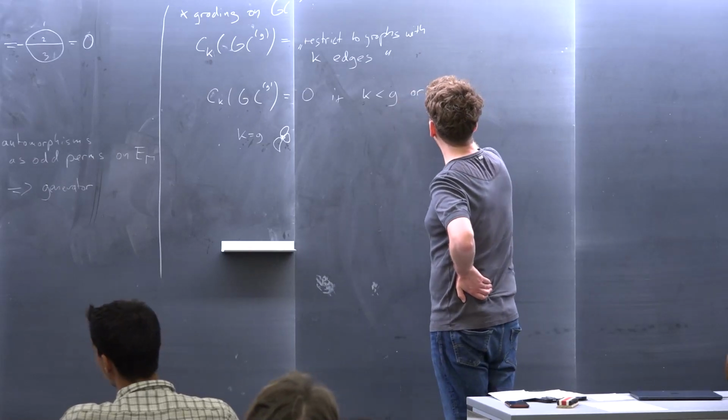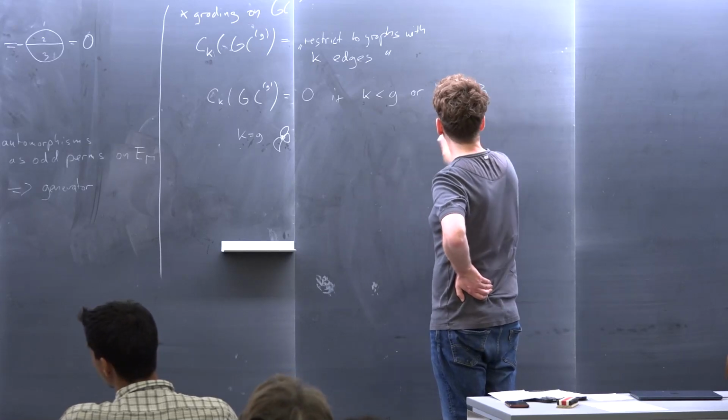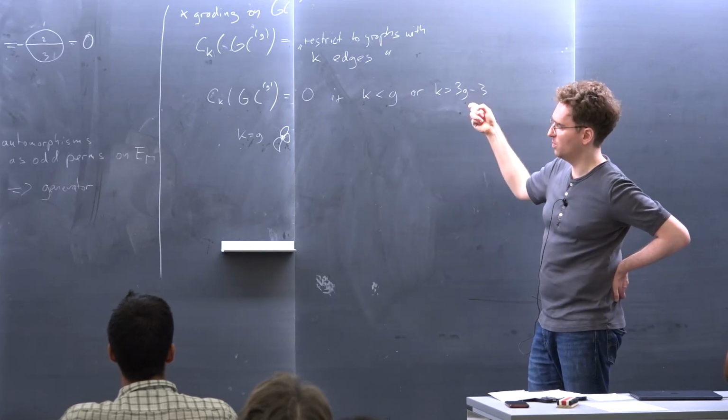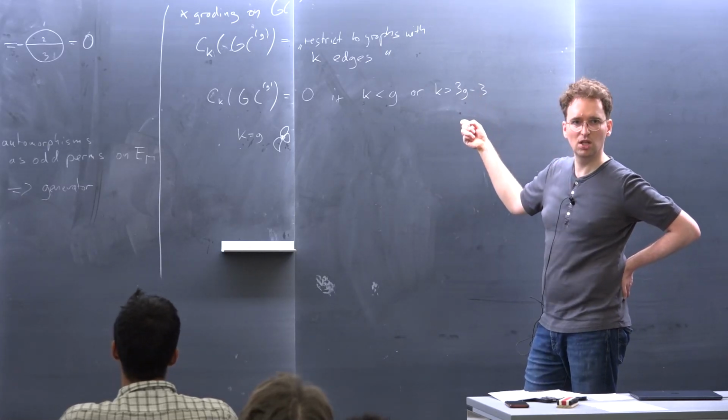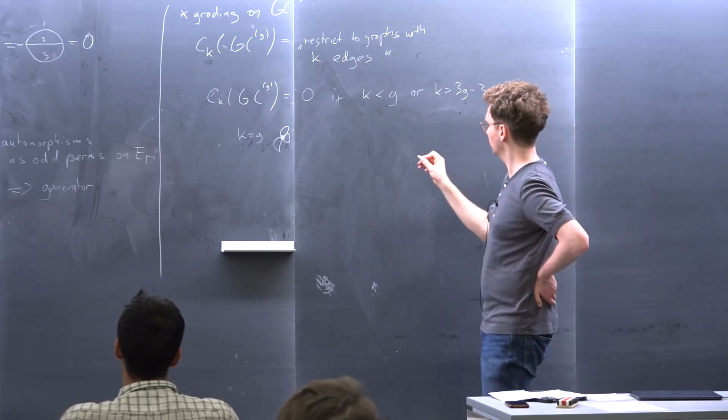It's also 0 if k is larger than 3g minus 3. This bound comes from the constraint that we only allow minimal vertex degree 3.